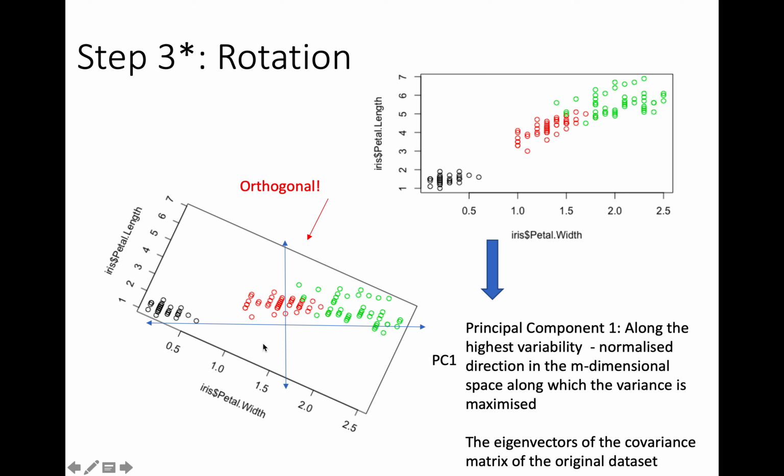But this is happening in the m-dimensional space, in our case 4-dimensional. I'm looking for where the variance is maximized, and I've locked in principal component 1. I've done this rotation using eigenvectors of the covariance matrix of the original data set. These are the principal components. So I have PC1, and then everything else is coming at 90 degrees.